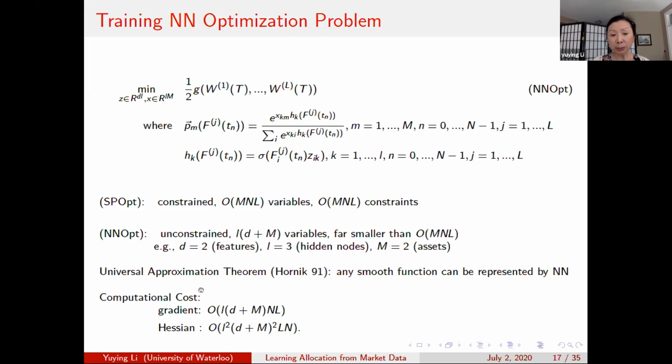The gradient and Hessian calculations, the second order derivatives, scale linearly with the number of scenarios, and depend on the neural network structure, quadratically if you use the Hessian. So because our learning problem is so small in terms of optimization variables, we actually use a second order method to solve it.